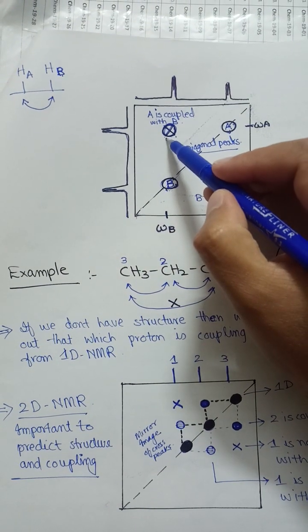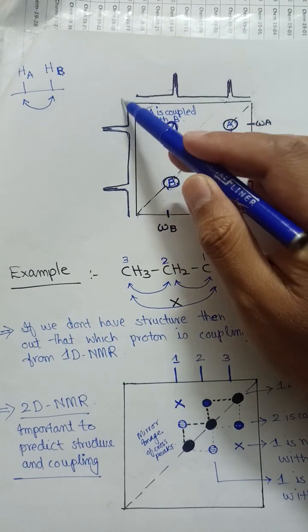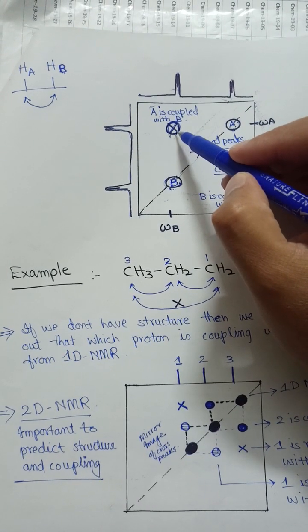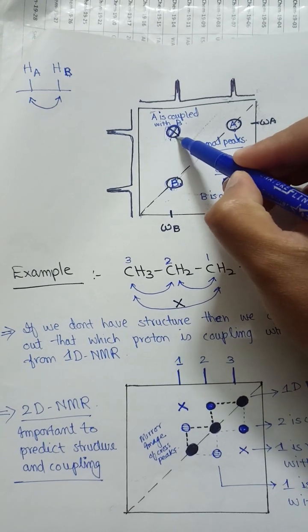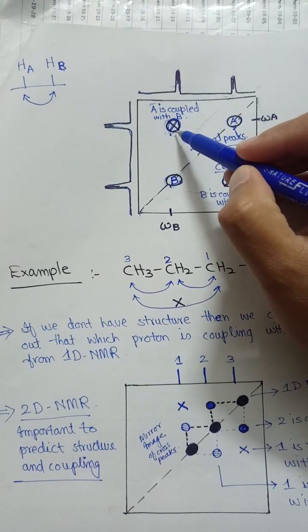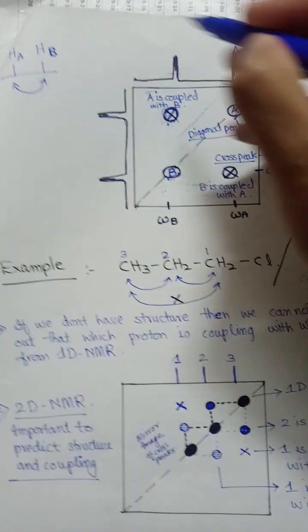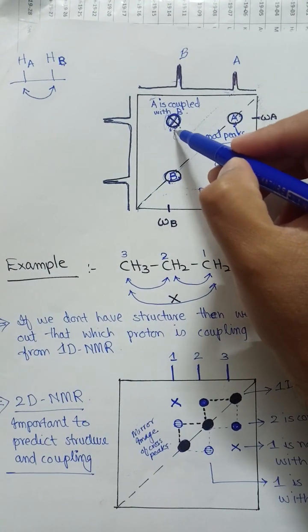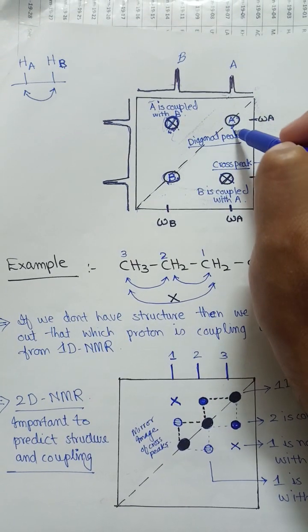If we expand this cross peak in the two dimensions, it will represent that this proton, which is proton B, is coupled with A. This is the spectrum of proton B. Let's suppose this is for A and this is for B. So it represents that A is coupled with B, or B is coupled with A.